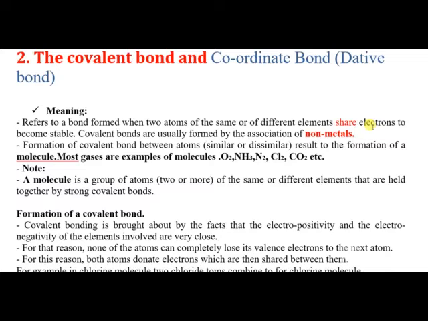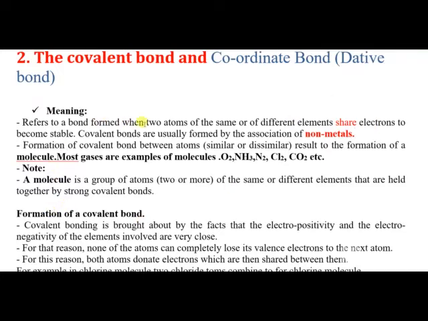I said the complete transfer is between a metal and a non-metal. But covalent bonding is a bond which occurs between non-metals. Non-metals react by gaining electrons, so none of them is going to give out electrons. Therefore, both of them will share the electrons to become stable.